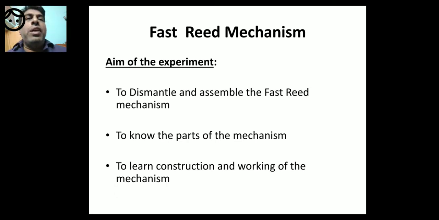Dividing or separating the warp into two layers, that is top layer and bottom layer, is known as shedding mechanism. In shedding mechanism we have studied negative tappet shedding mechanism.